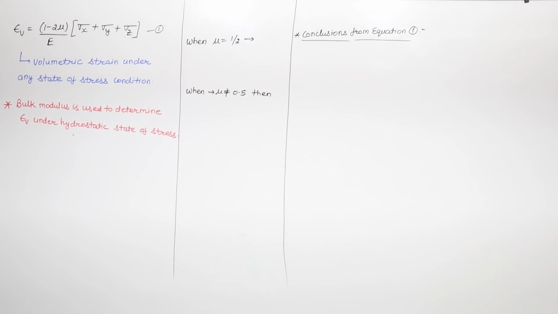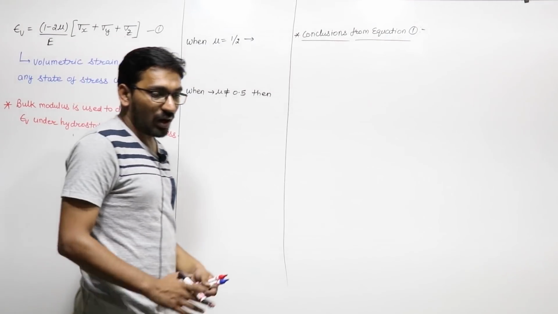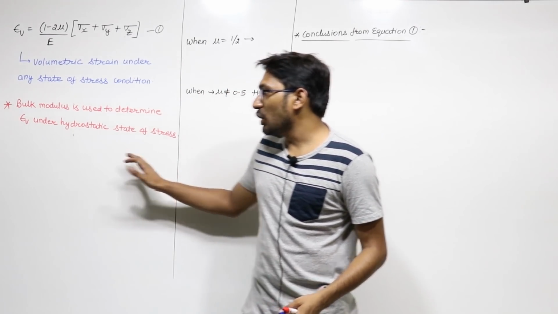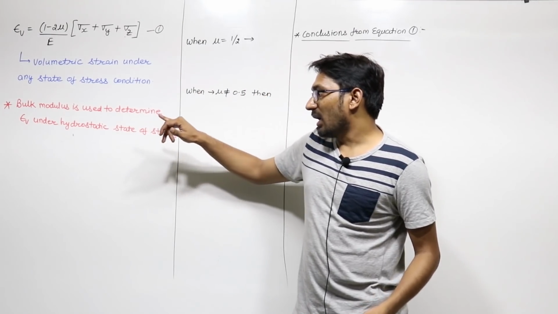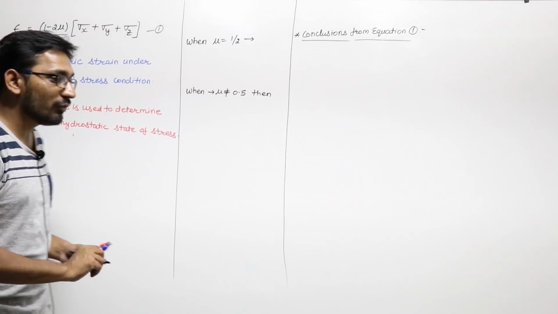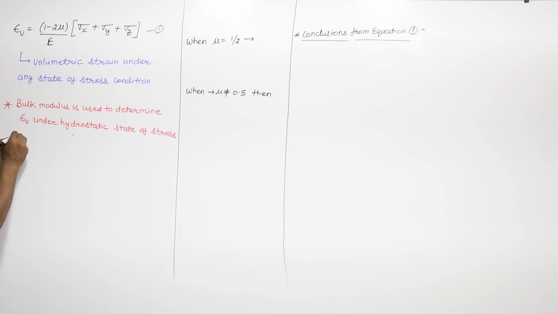We know that the bulk modulus, or the value of K, is used to determine the volumetric strain under hydrostatic state of stress, right? And what do we mean by hydrostatic state of stress?